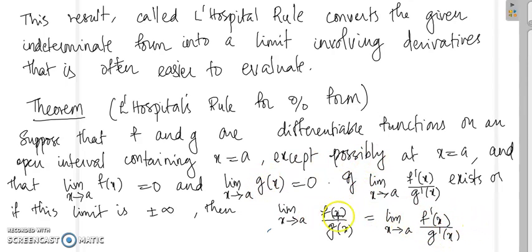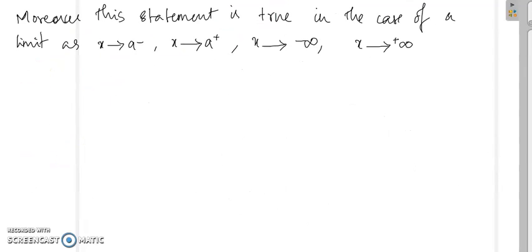So take the derivative of the numerator and the derivative of the denominator. The rule will work when you have x tends to a minus, x tends to a plus, x tends to minus infinity, and x tends to plus infinity.